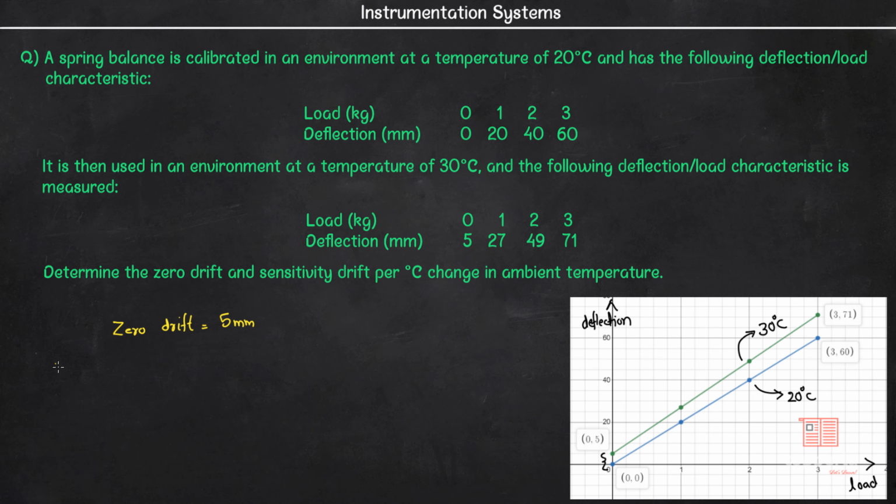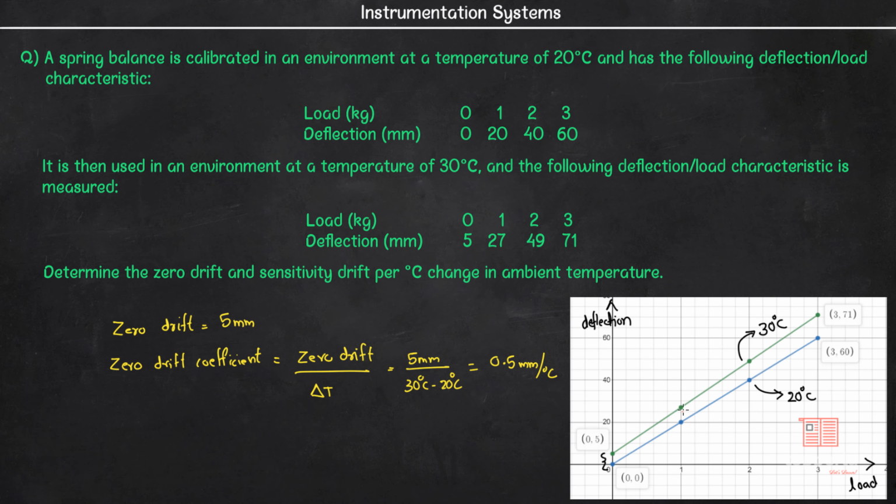And to find the zero drift coefficient, we have zero drift by change in temperature, which is 5 mm by change in temperature, 30 degrees Celsius minus 20 degrees Celsius, which is 0.5 mm per degree Celsius.